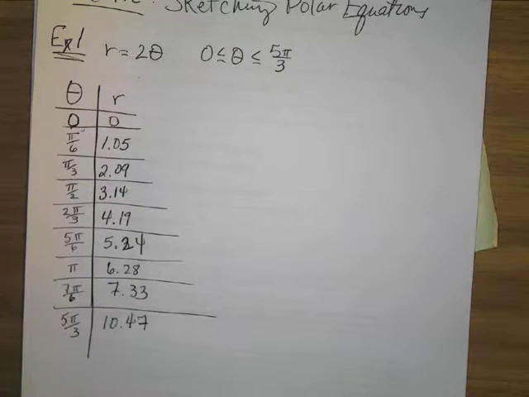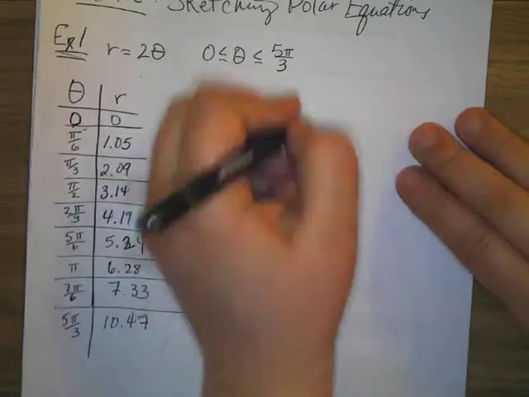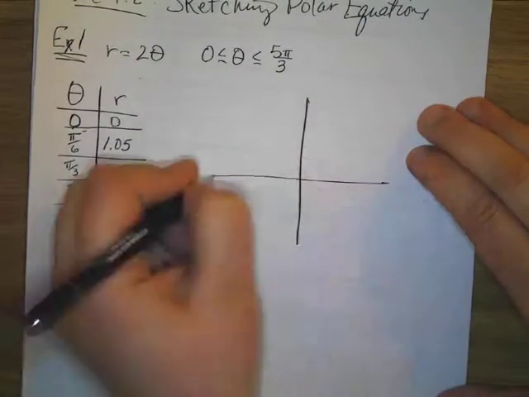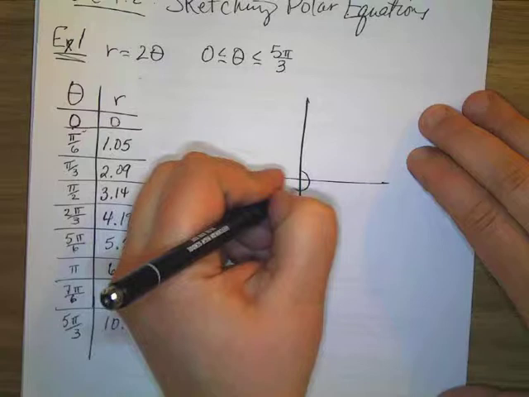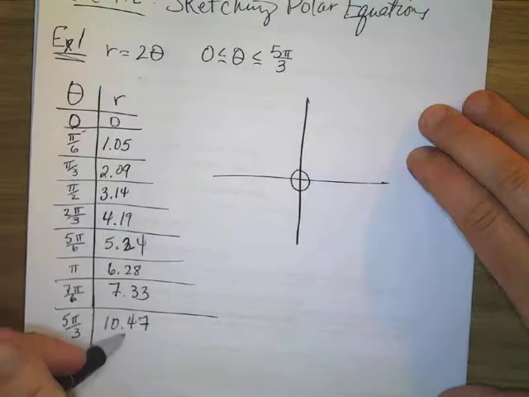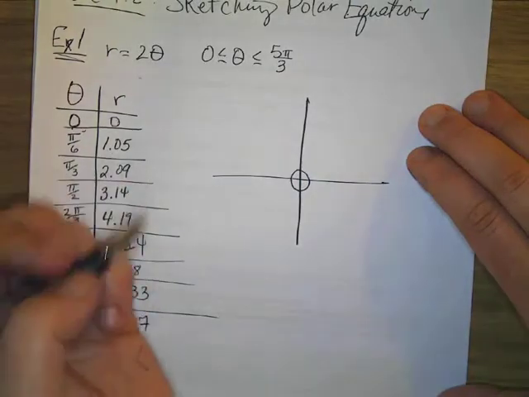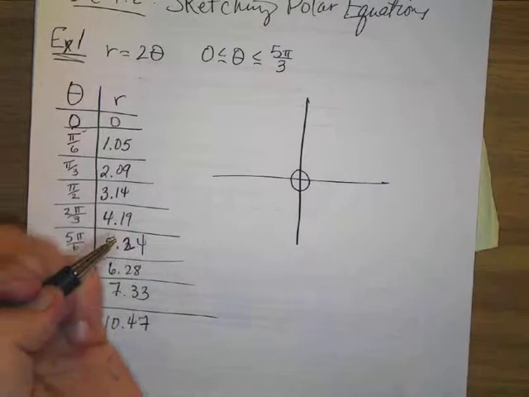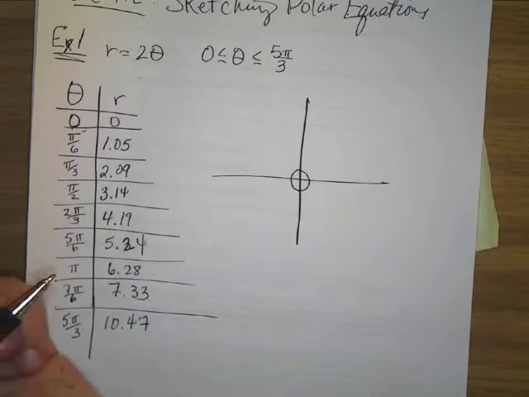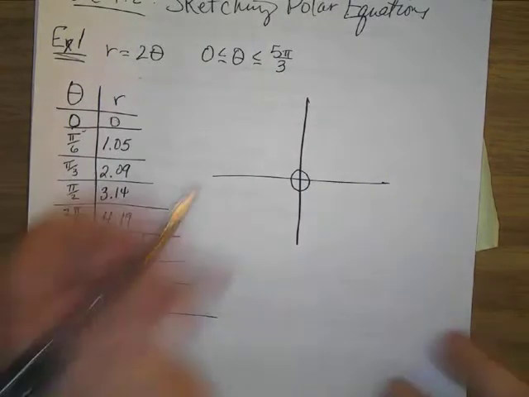And then we're going to sketch it. So on your homework, here's what I expect a sketch to look like. And part of this is paying attention. We need to get out to a little bit more than 10. So I would probably draw these in. I'd probably make my circles count for 2 because I don't want to have to draw out 11 circles. I'd rather draw out 5 or 6. So pay attention to what your values go to, to determine what you're going to count your circles with.